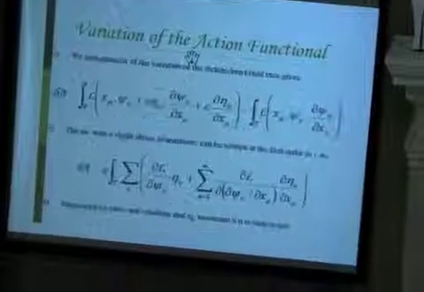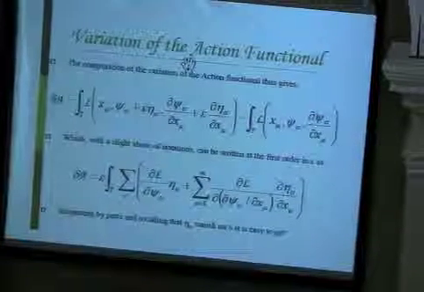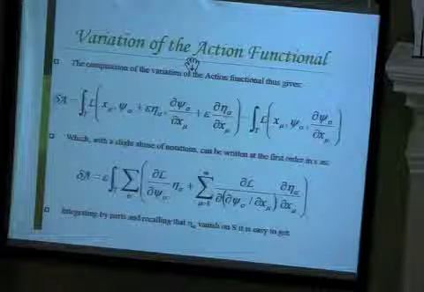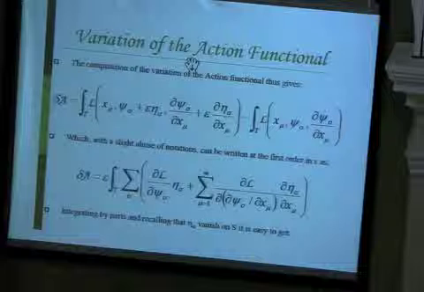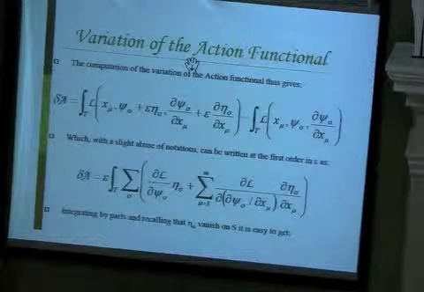You calculate the variation of this. You do a Taylor expansion. You simplify the higher order infinitesimals. You integrate by parts.